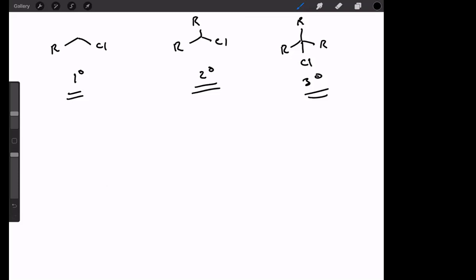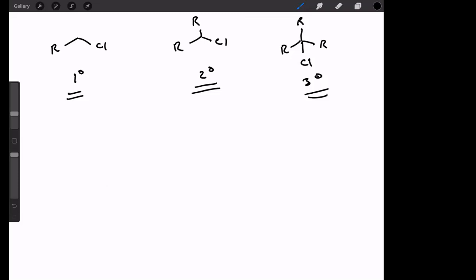It's me giving you these two pieces of information and you deciding what the mechanism is and then what the likely product is. And so there's a lot of considerations that are involved, and this is where it starts. It starts at the substrate level, identifying the substrates as either primary, secondary, or tertiary.